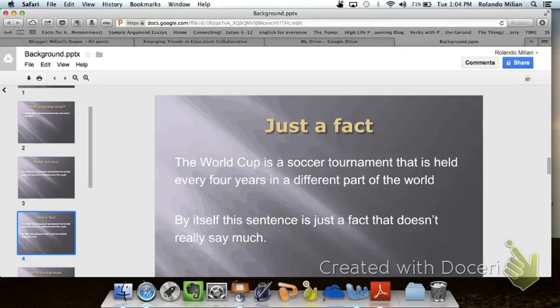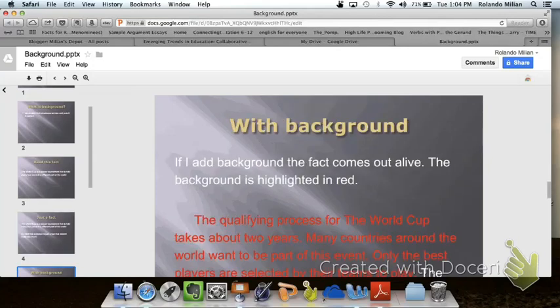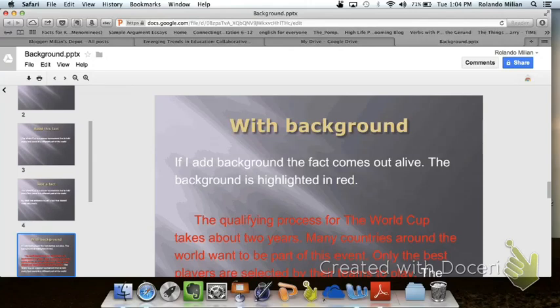Really, it's just saying that the World Cup is something that is held every 4 years around the world. But look what happens when we add background to this information.